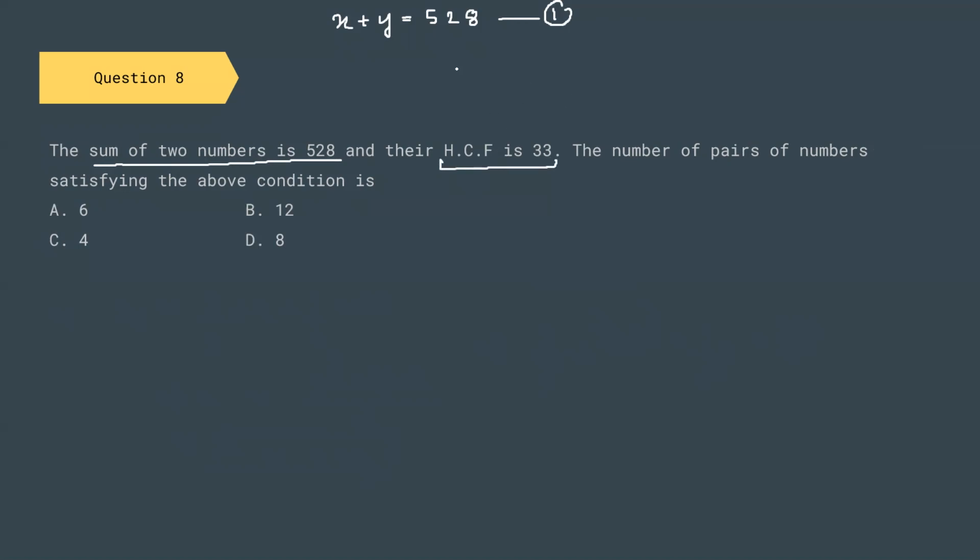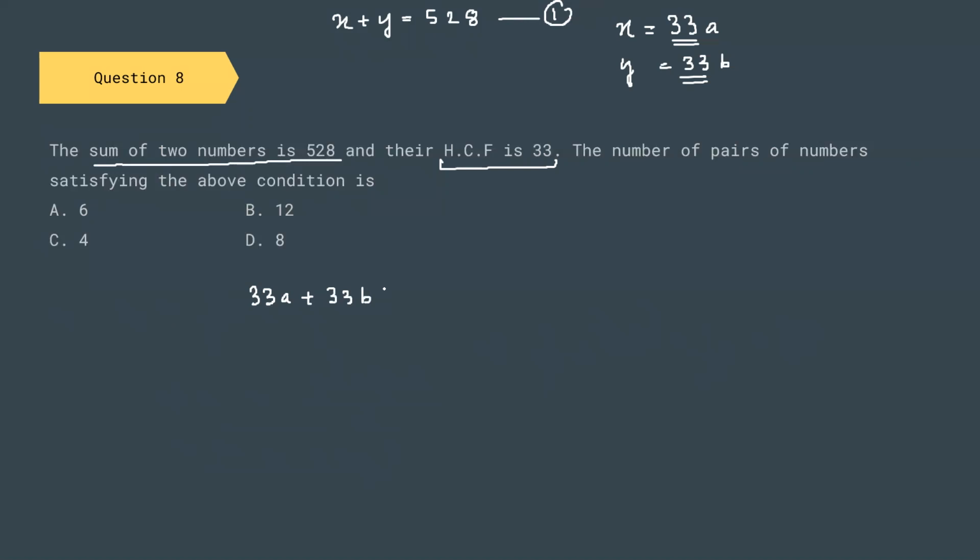If the HCF of two numbers is 33, I can say that x equals 33 into a and y equals 33b. So x is going to be some multiple of 33 and y is going to be some multiple of 33.